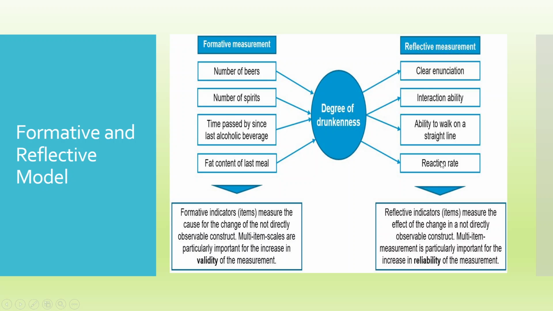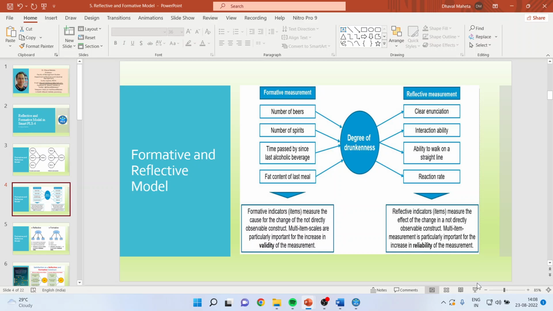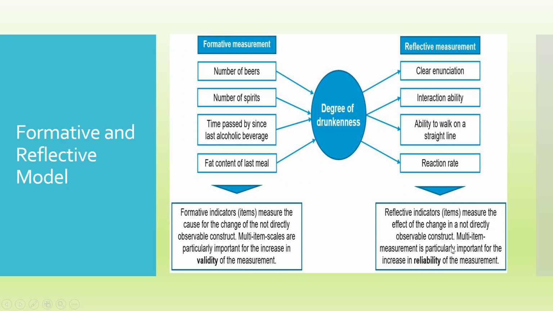So if it is a consequence, it is a reflective statement, and if it is a cause, then it is a formative statement. If I talk about the model, this is a reflective model and this is a formative model. Now, if I want to measure the drunkenness, even if I replace one of the statements here, there will not be a problem on the overall construct.